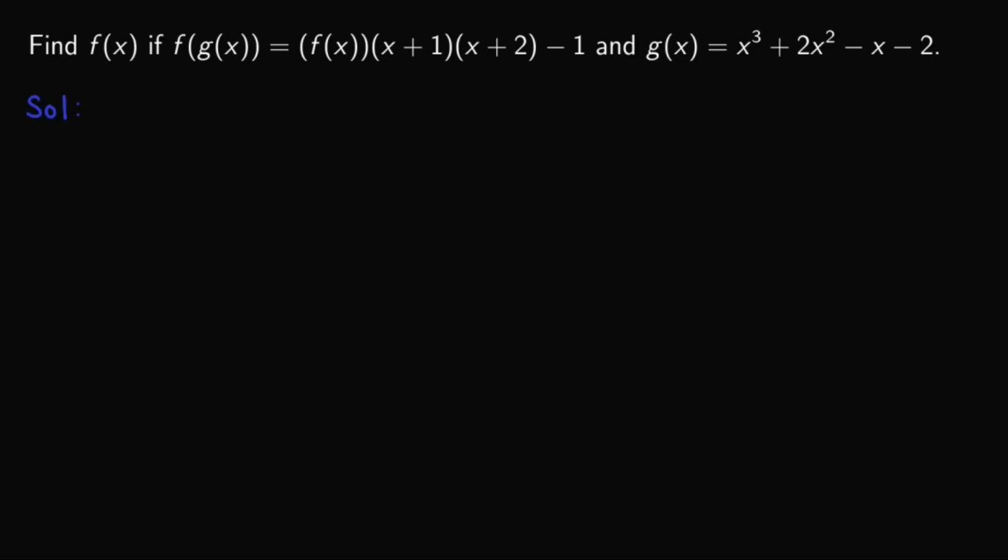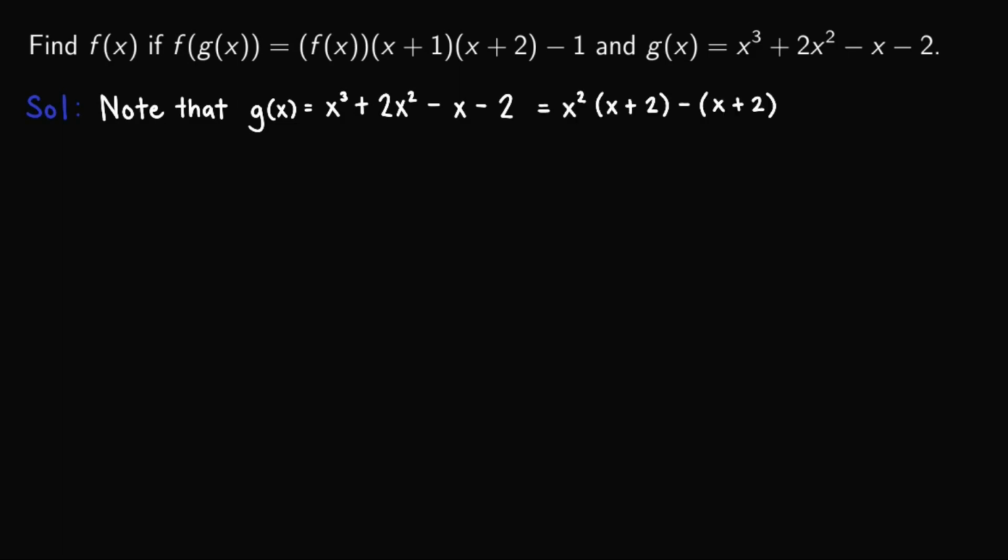So to solve this, first take note that in g of x, by factoring by grouping, we can write this one as x squared times x plus 2. So we factored out x squared out here, and we factored out the negative out here. So we have x squared times x plus 2 minus x plus 2.